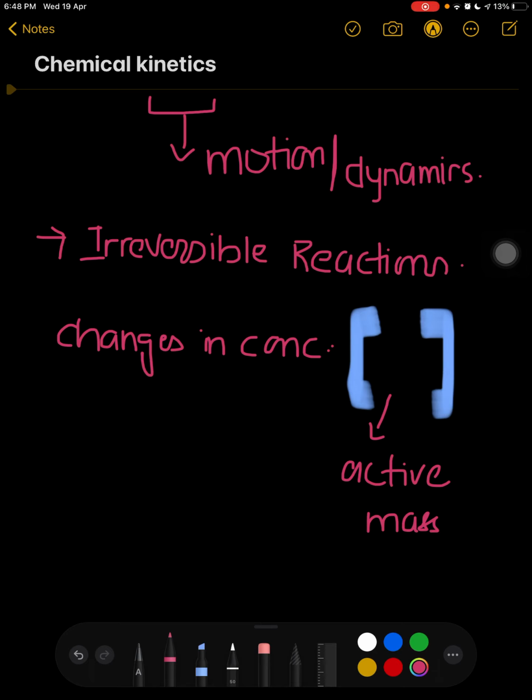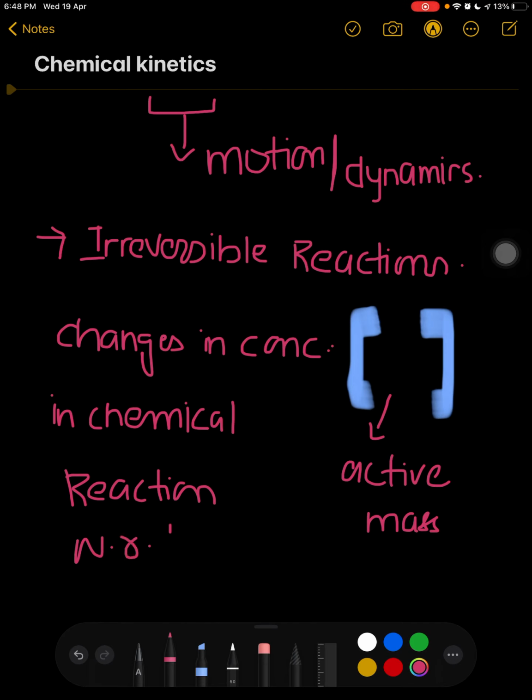Changes in concentration in a chemical reaction with respect to time is basically known as chemical kinetics.